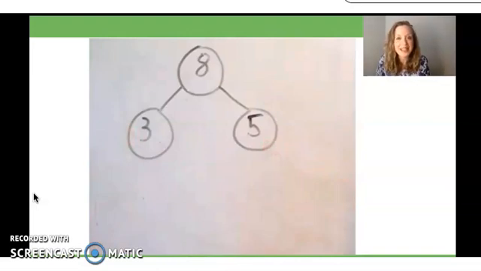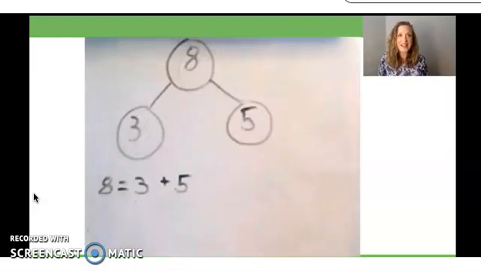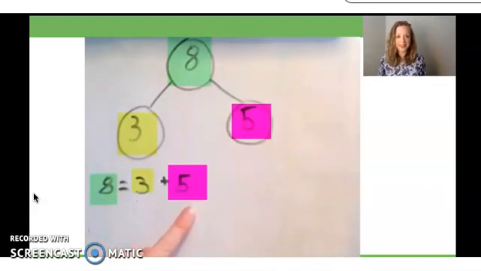Great job. Now that you've said with your words how you're going to write the number sentence, write it. Pause the video and write your number sentence. Now, this is how I wrote the number sentence. I wrote 8 is the same as 3 and 5.